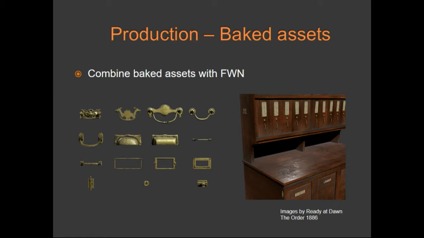Moving on to the next production use case, which is combining face weighting with baked assets. So here again we can see this bookshelf or desk thing, which has been done using face weighting, but all the handles and name tags and smaller hinges and all the small details have been created traditionally and then just combined with the face weighting.